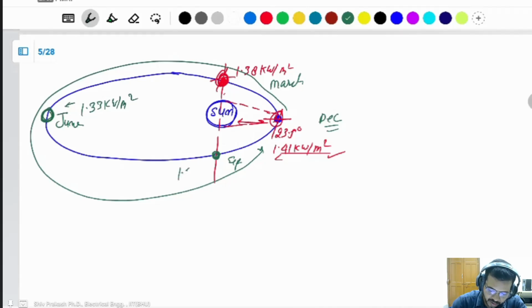Approximately, I think 1.36 kilowatt per meter square. This will be September. It means the insolation of the sunlight also varies depending on the day of the year.